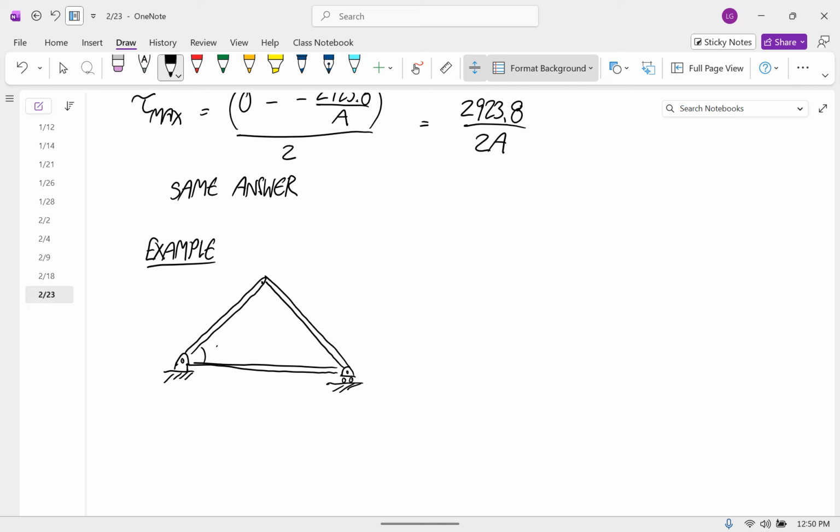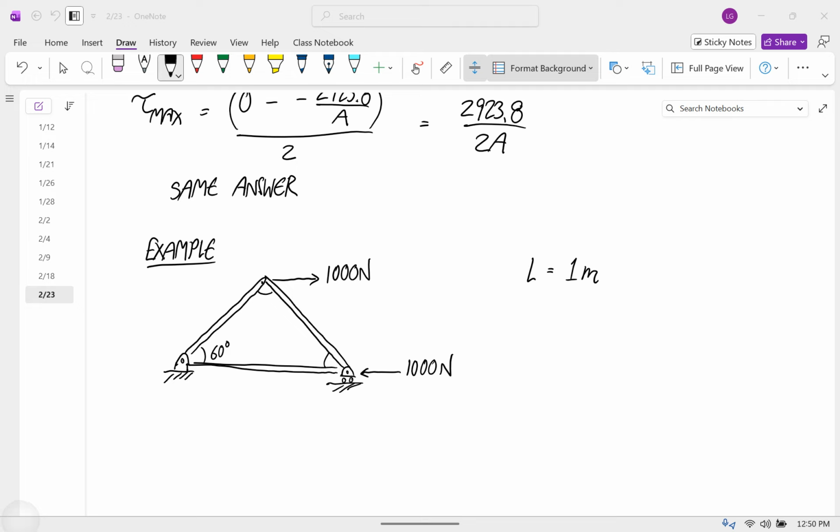So all these angles are 60 degrees. And let's say we have a 1,000 Newton force here and a 1,000 Newton force here. And the lengths, just to make the math easier, we'll make them all 1 meter again.